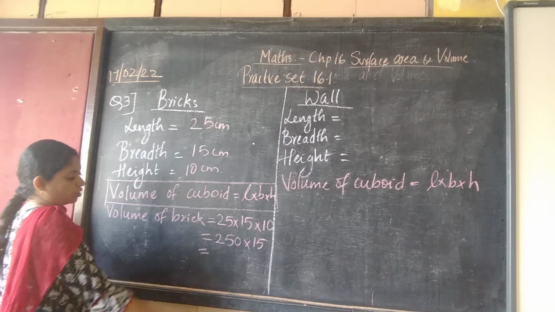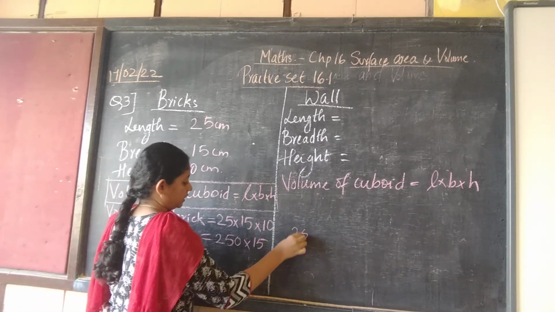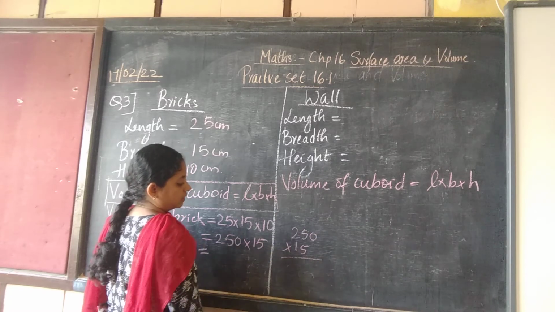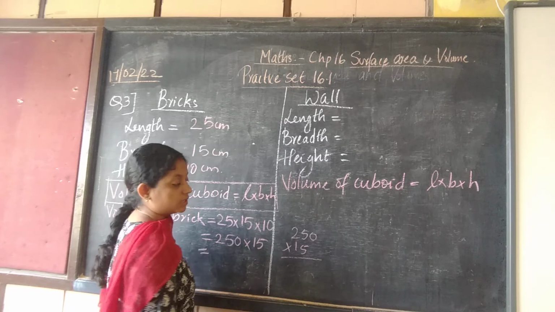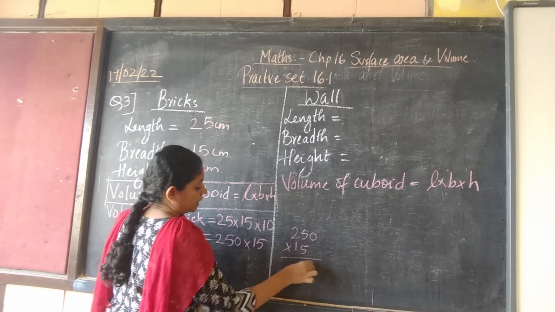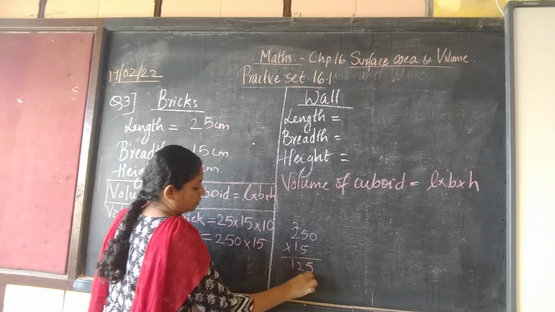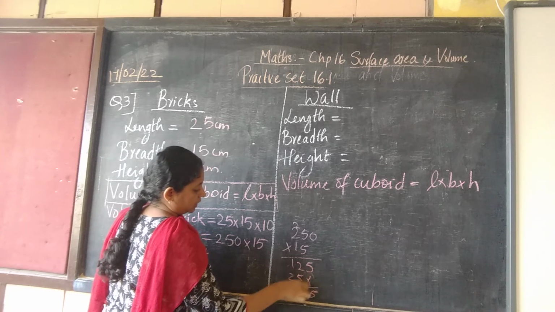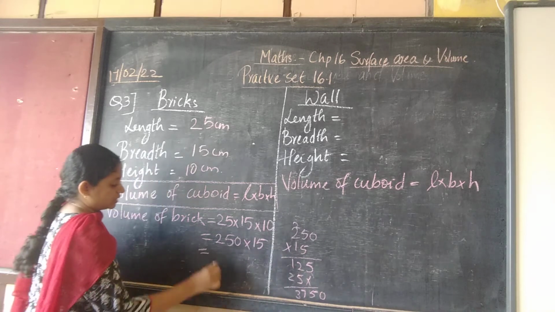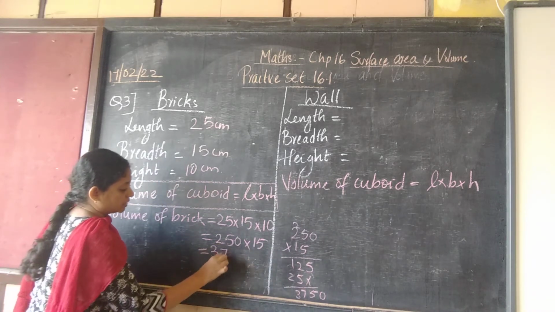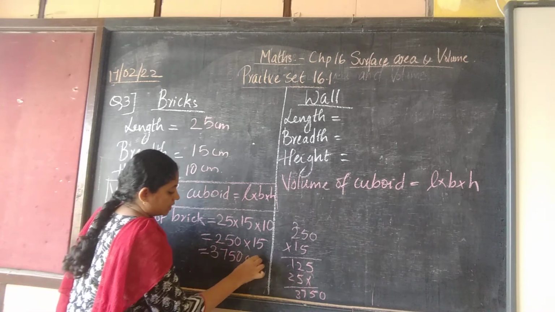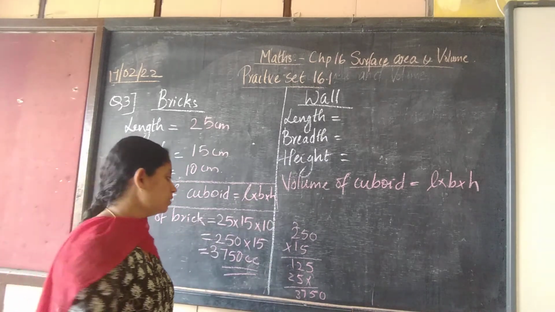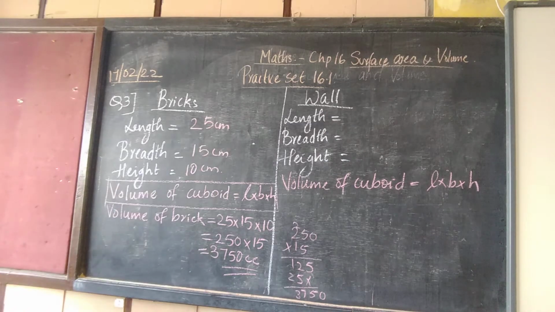Multiply and check how much you are getting. Just multiply 25 into 15, and then for the answer you can put a 0. So 5 5s are 25, 5 2s are 10, 12, 5, 2, 5, 7, 3 and the 0. So what is the volume of brick? 3750 cubic centimeter.